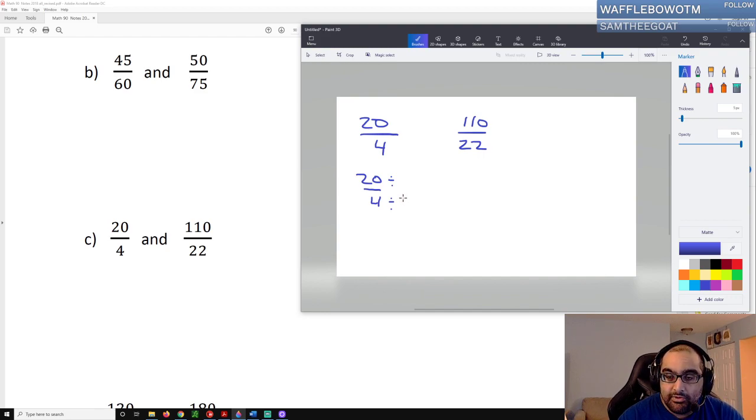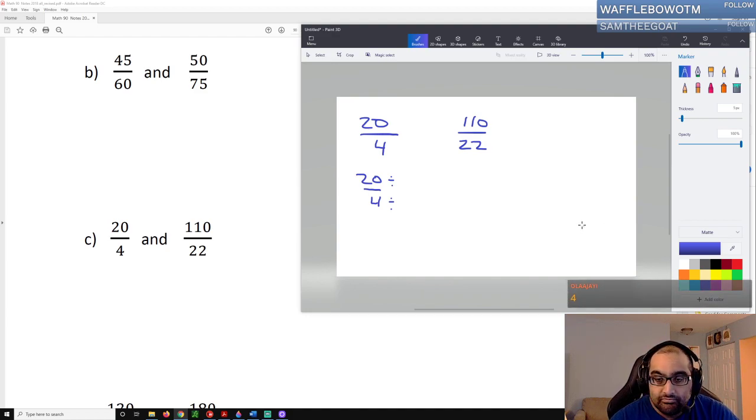What's in common that we could divide by on this? All right, 4 sounds like a bueno idea. I agree. 4 definitely divides 20 and 4 itself. So you do 20 divided by 4, which is 5. 4 divided by 4, which is 1.